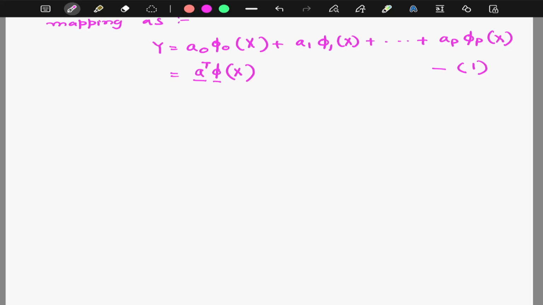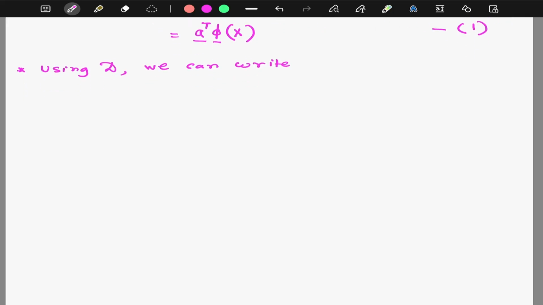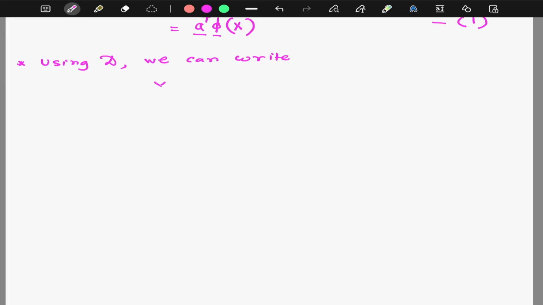So using the data set I have, we can write y. y is now a vector.